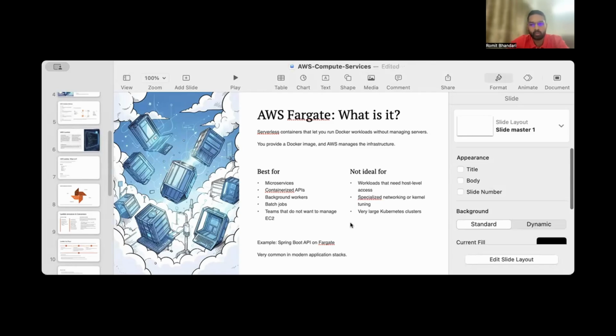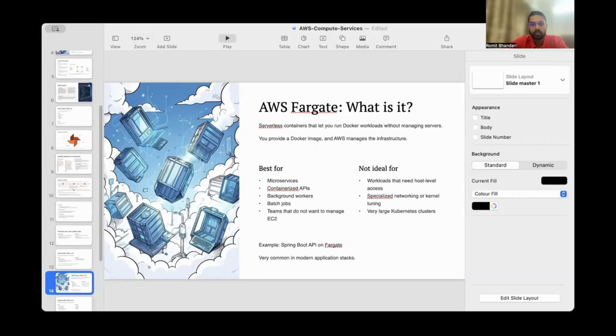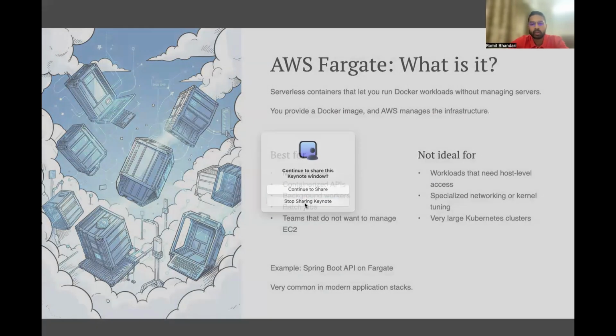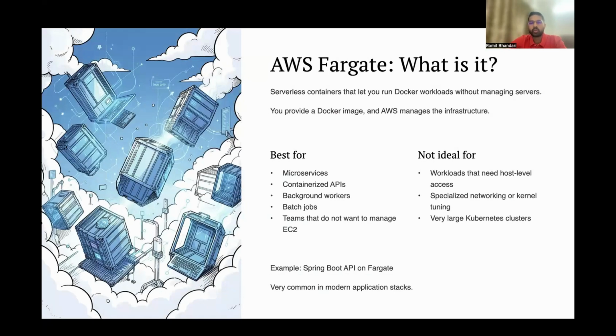Okay, moving towards Fargate. This is a serverless engine which lets you run Docker workloads without managing servers again. So the operational overhead at your end becomes less while you use Fargate.